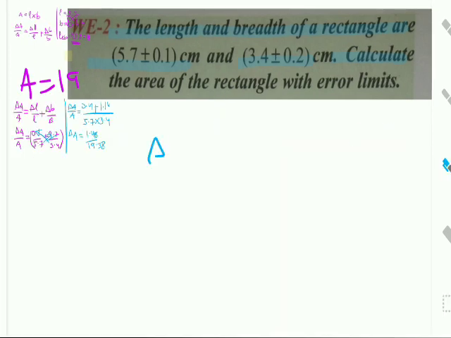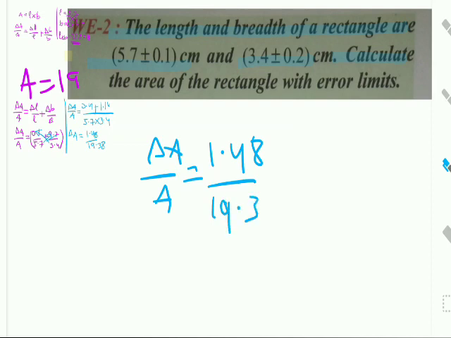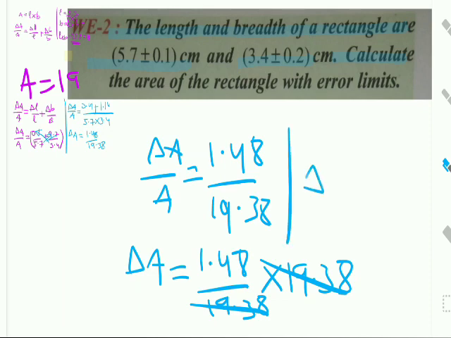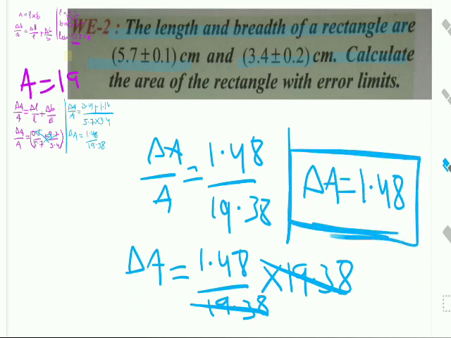Delta A by A is equal to 1.48 by 19.38, so delta A is equal to 1.48 by 19.38 into 19.38. So delta A is equal to 1.48. This is the delta A value.